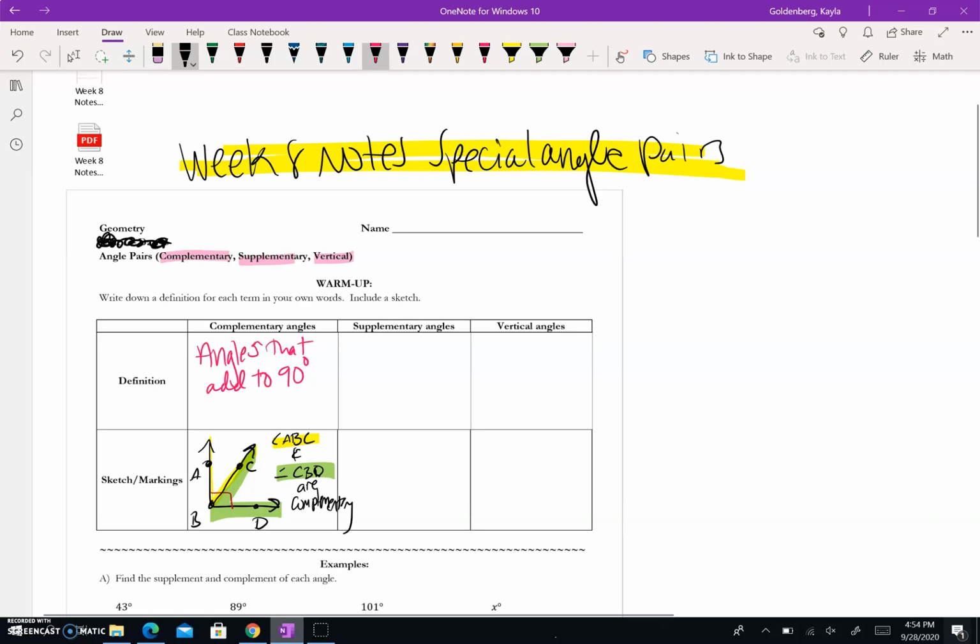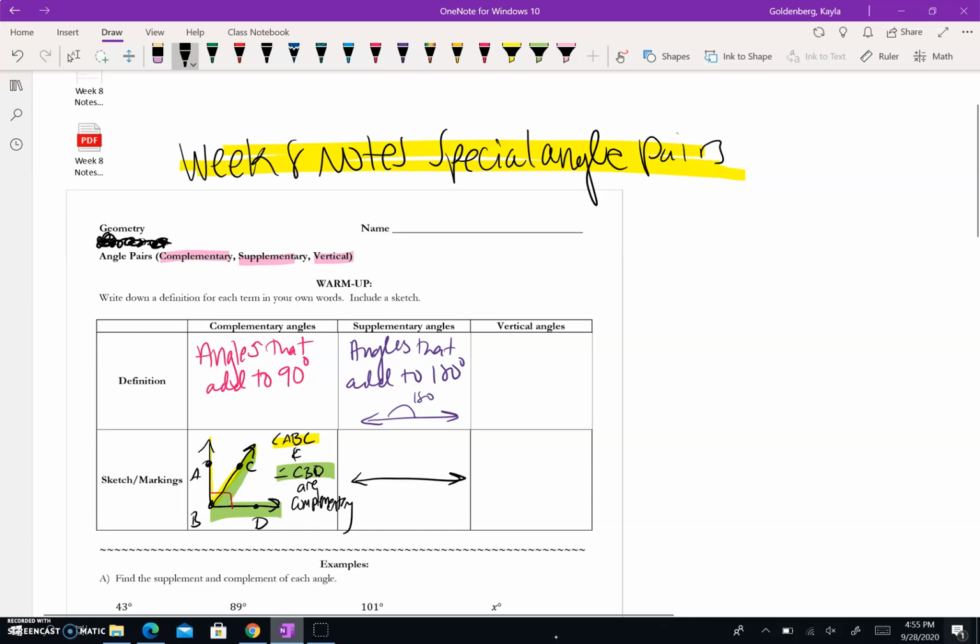Our next one is supplementary angles, and that is when we have angles that add to 180 degrees. They make a straight angle. So what that would look like, here's a quick diagram.